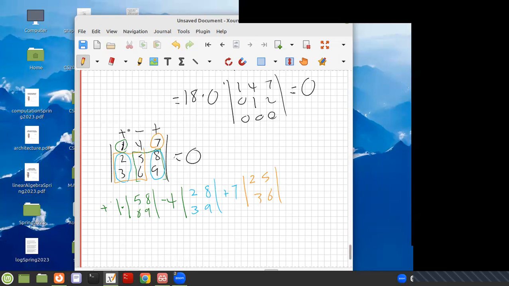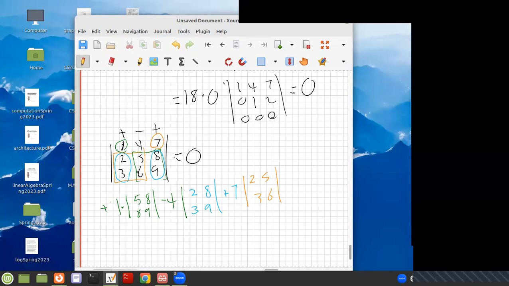There are various ways of getting this formula, but the point is that you can expand on any row or column and alternate signs: plus this, minus this, plus this. Then if you take the leading number and remove that row and column, you're left with the 2 by 2 determinant.